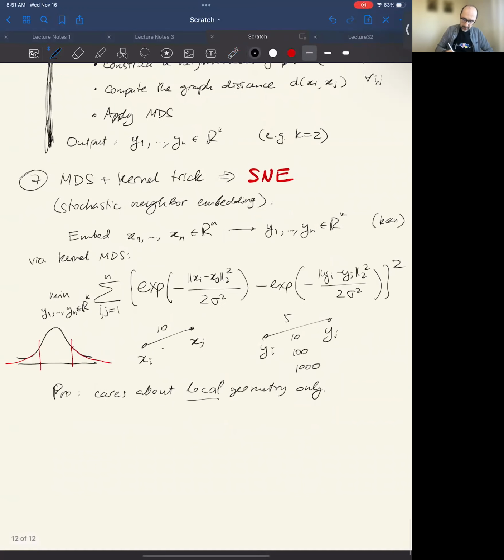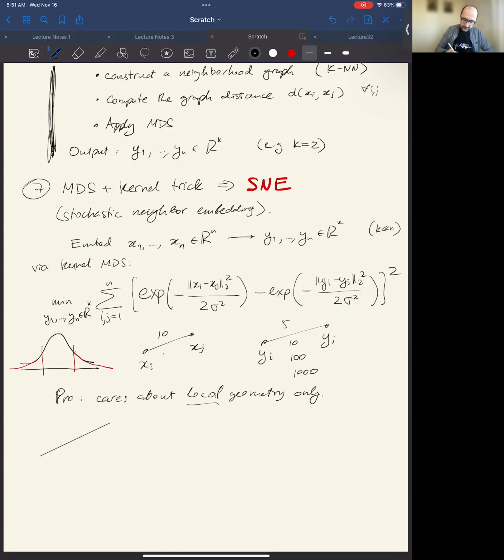For example, if we have a curve like this, and the points are on the curve, just like that, then it really doesn't matter how we represent that curve in high dimensions. It could be like this. The penalty is minimal between these two. Is this clear?